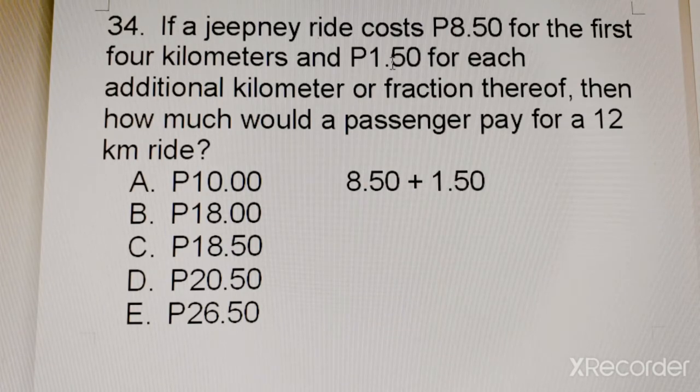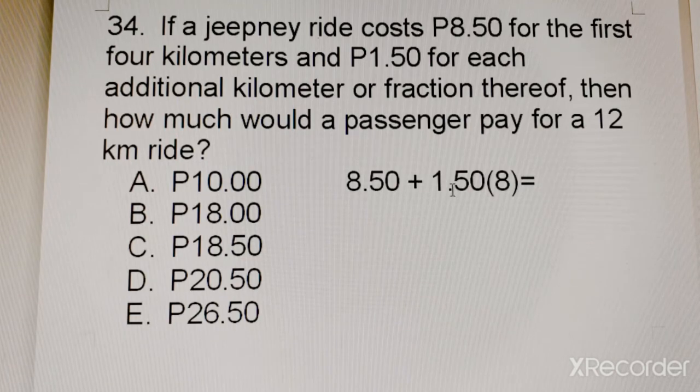So our additional distance will be 12 minus 4 equals 8. So this is how you solve for the cost of the 12 kilometer ride.